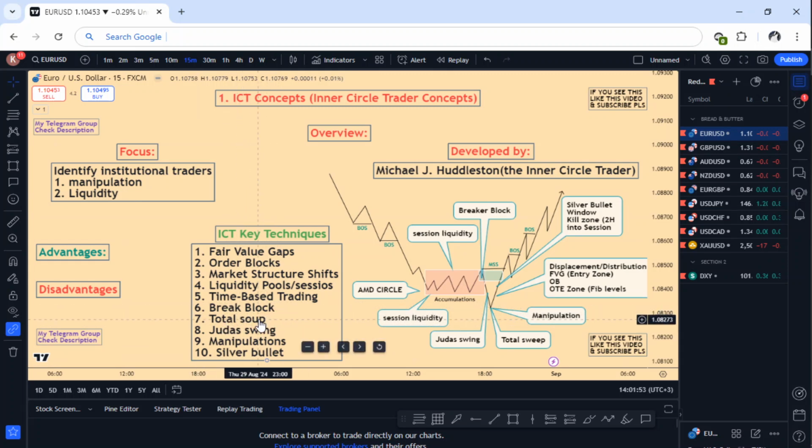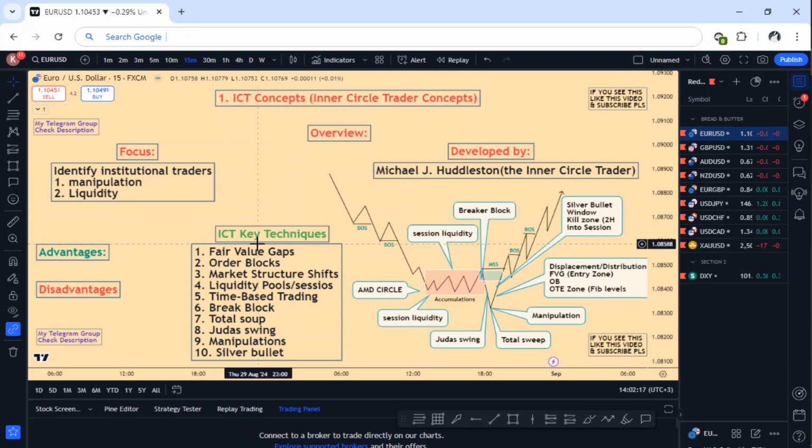Some call it turtle soup; I like to call it turtle soup. And then we have the Judas swing, manipulation, and the commonly traded style of ICT, which is called the silver bullet. Most of these concepts are from the 2022 model. I watched it, and therefore I came up with all this when I was still trading ICT. Nowadays I combine it with SMC.